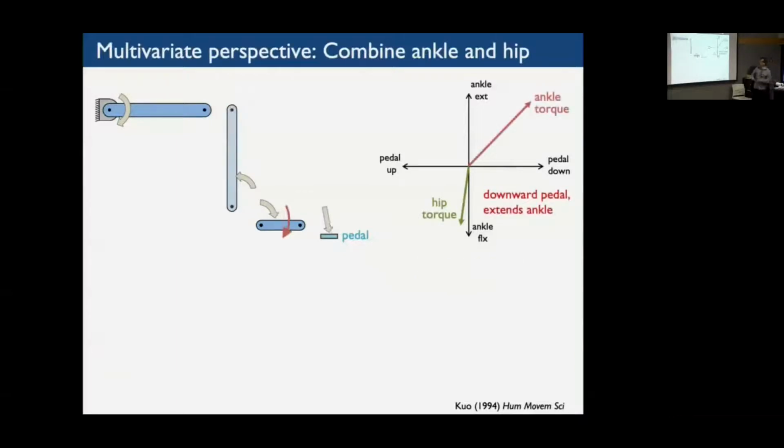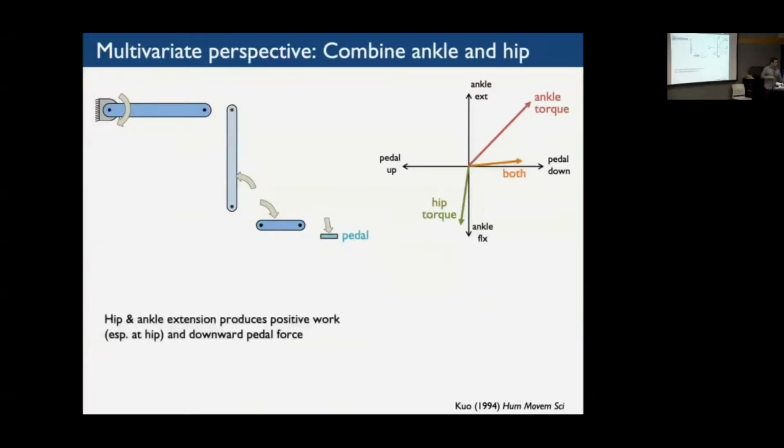And then if you include the ankle torque, it produces ankle extension and pedal downward. And the idea is that these two things add together to produce the resultant of producing downward force on the pedal, which is what we desired.